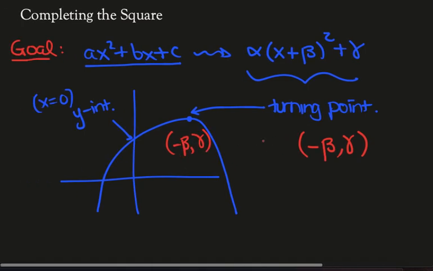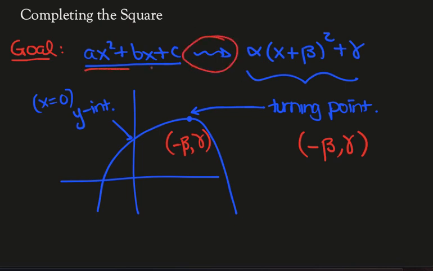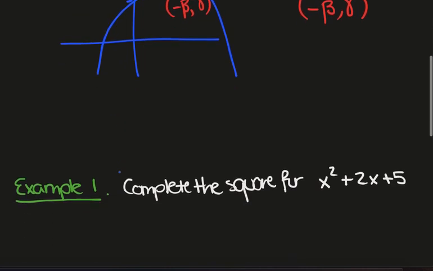If this isn't entirely meaningful at this point, don't worry, because the goal is not to sketch quadratics in this video. The goal is to be able to see this process: how do we go from here to here? Okay, so let's have a look at an example.